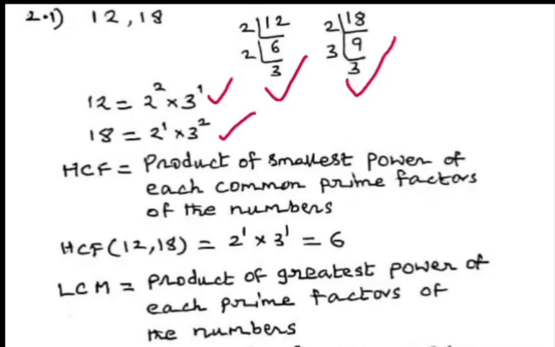Now HCF equals the product of smallest powers of each common prime factor of the numbers. That is, we consider the base 2. In this base 2, which is the smallest? 1 is the smallest. So we note down 2 power 1.